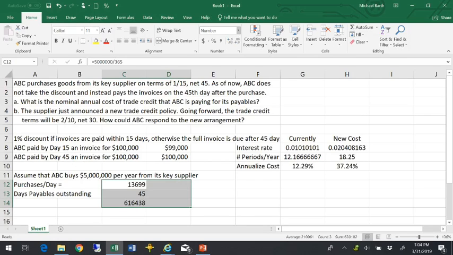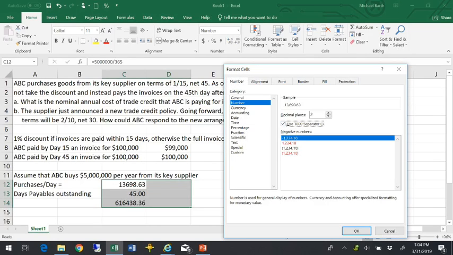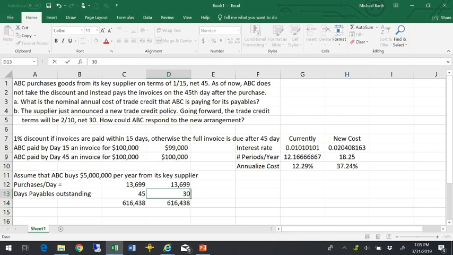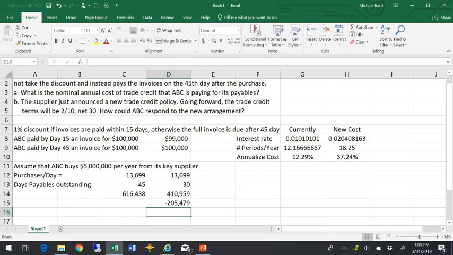All right, so what's happening is that their key supplier is tightening up on credit terms because they probably have too many accounts receivable sitting out. So ABC is still going to be purchasing the same amount, but now what they have to do is either pay it down to 30 days, which means that they need to make arrangements to raise $200,000 in working capital.